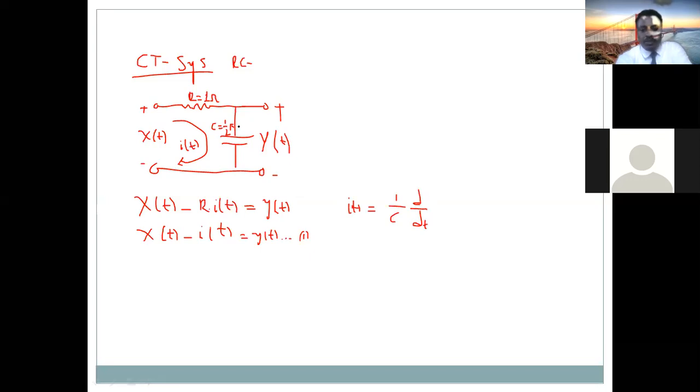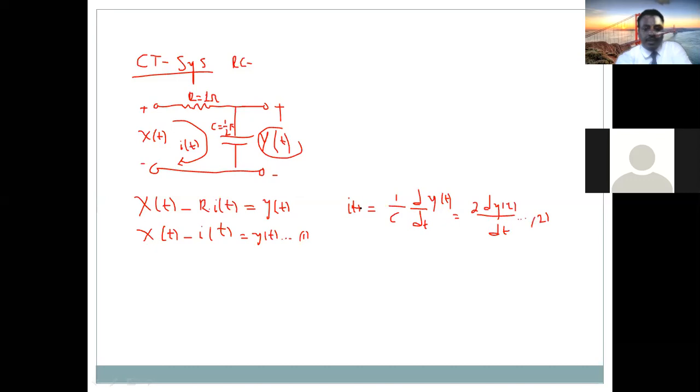What is the voltage across this capacitor? y of t. So C dy of t by dt. C is 1 over 2, so it will be 1/2 dy of t by dt will be the current. Let's say this is equation number 2.